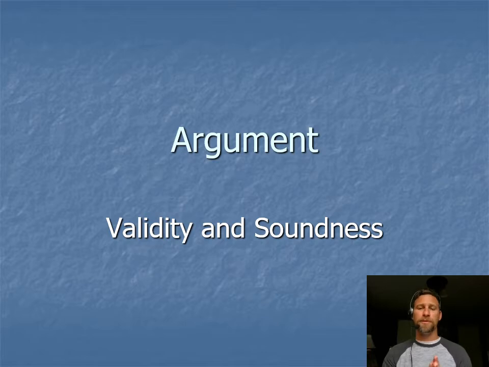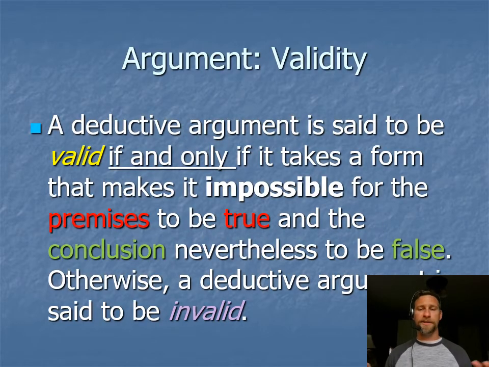So let's talk about two really important components to argument, and that is the component of validity, the validity of an argument, and an argument's soundness. This is a huge definition. I understand that, but take a look.